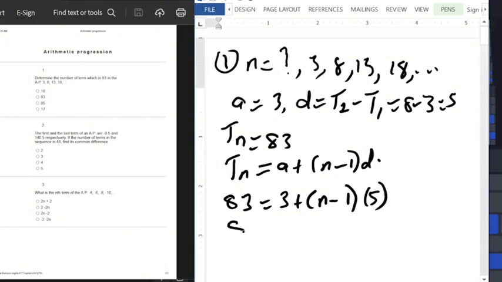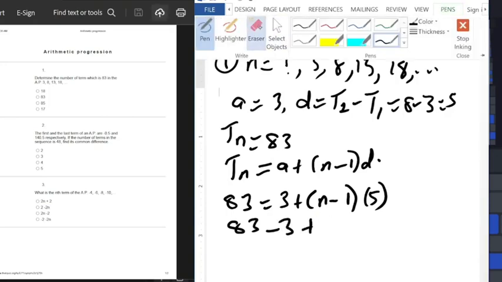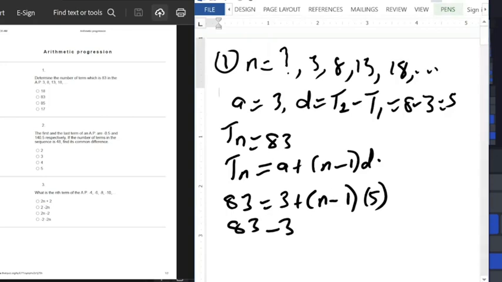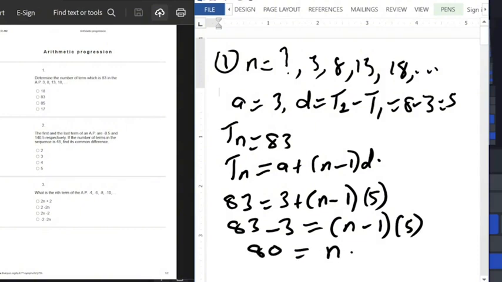So we now have 83 minus 3 equals n minus 1 into 5. So 83 minus 3, that's 80, equals n minus 1 into 5.